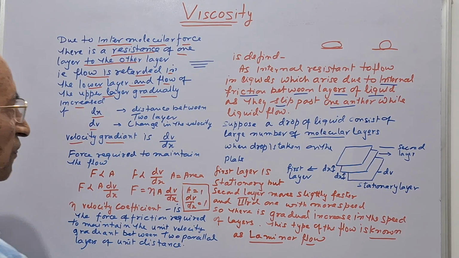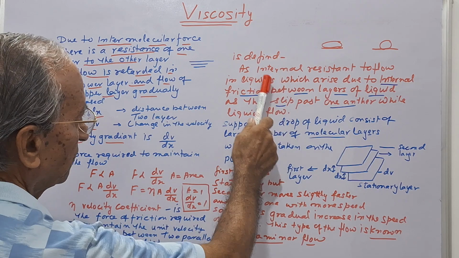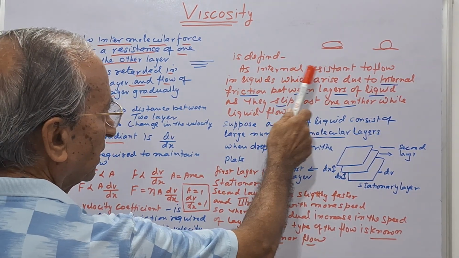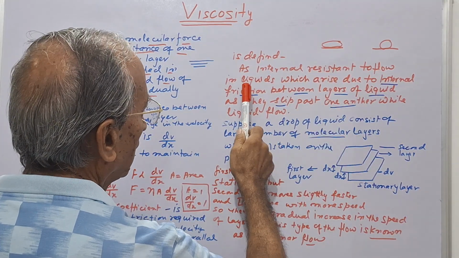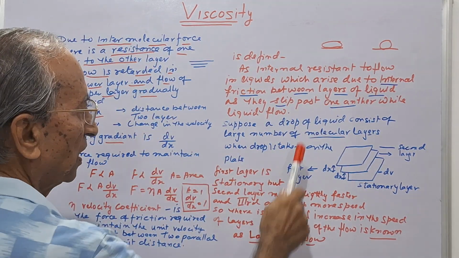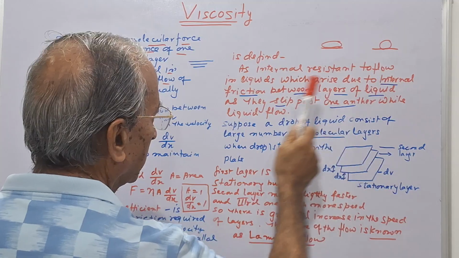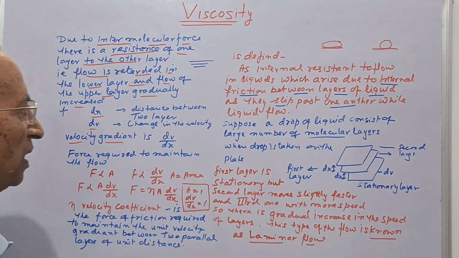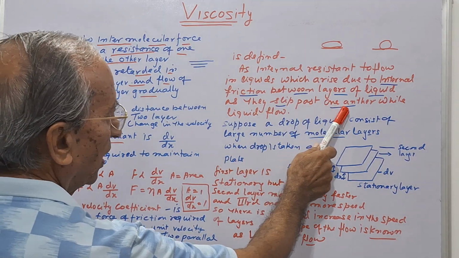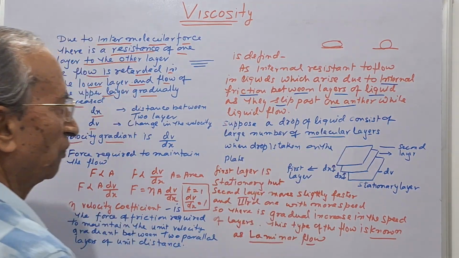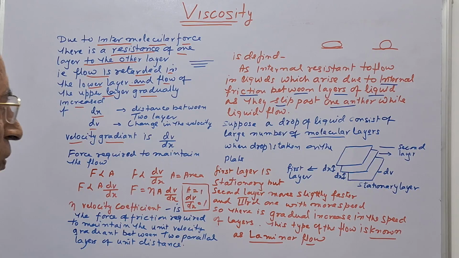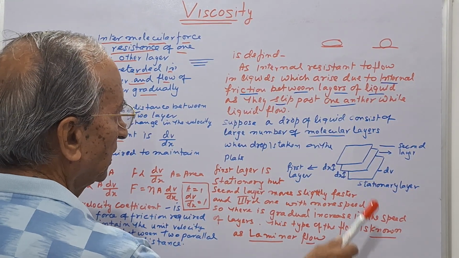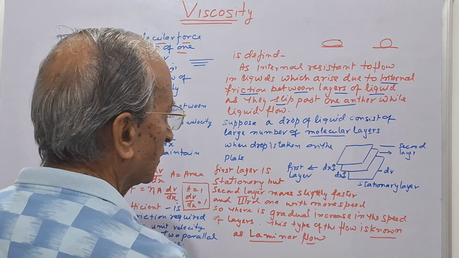First we see the definition: viscosity is defined as internal resistance. Listen, internal resistance to flow in liquids which arises due to the internal friction between the layers of the liquid as they slip past one another while the liquid flows. Here are two terms, the internal resistance and the layers of the liquid.